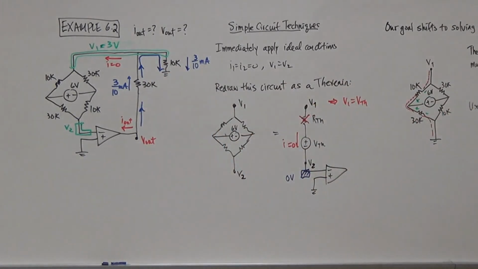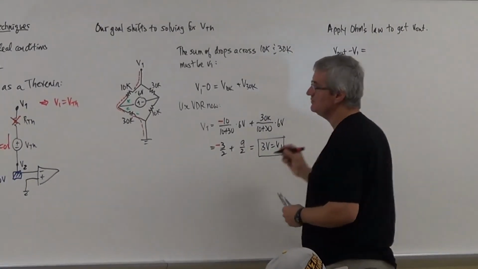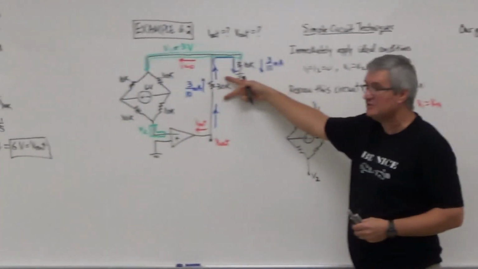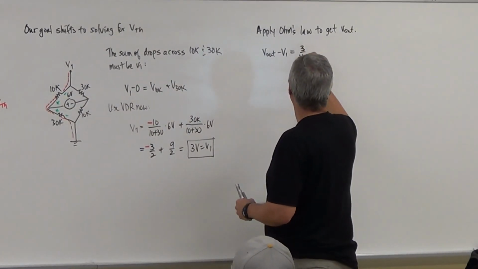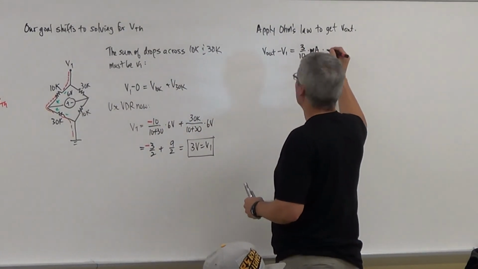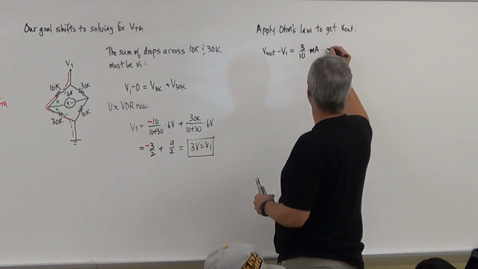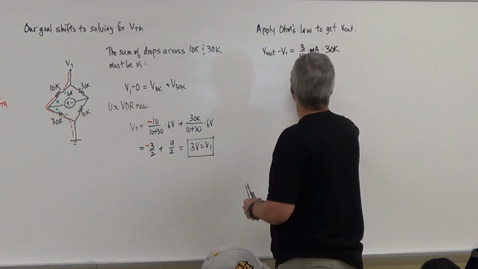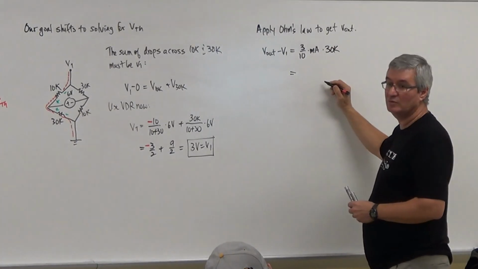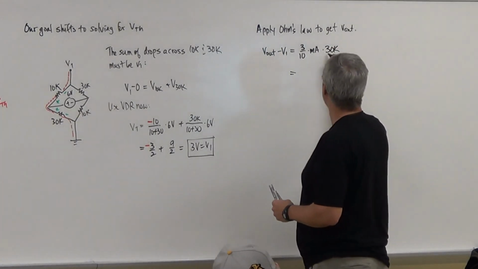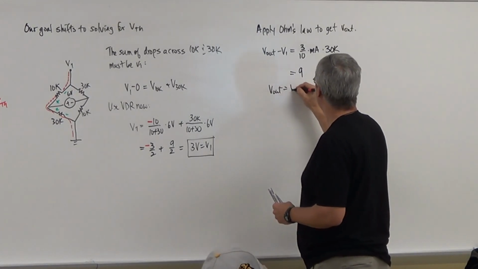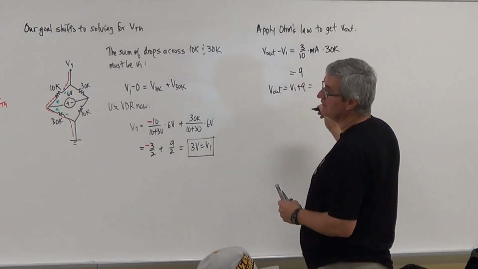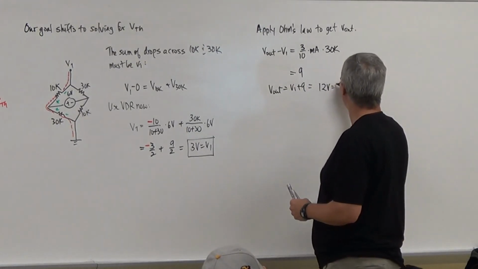So then I know that V out minus V1 must be the drop across this resistor here, which should be 3 divided by 10 times 30K. So therefore this gives me what? A 9 volt difference. So that's 3, so this is 9, so therefore V out should be V1 plus 9, which then gives me 12 volts for V out.